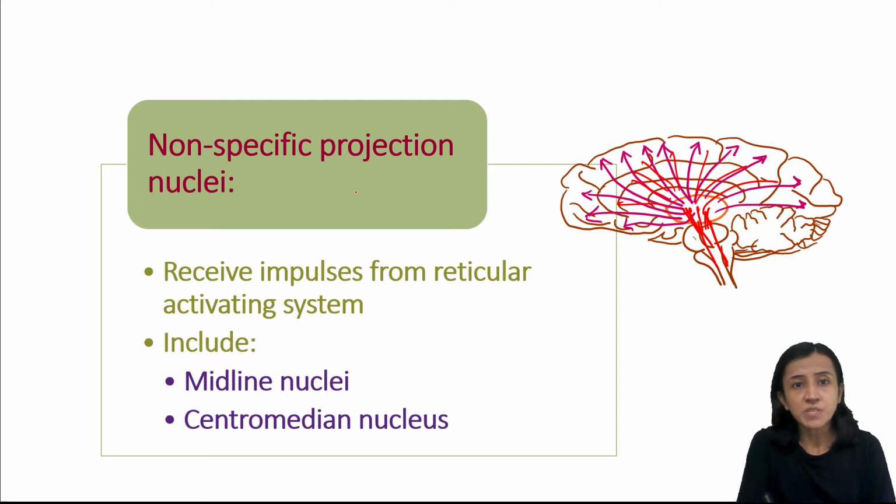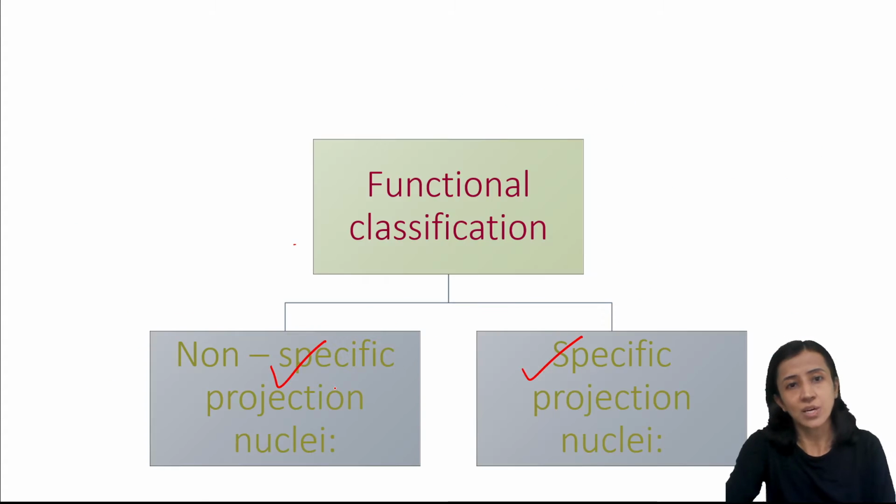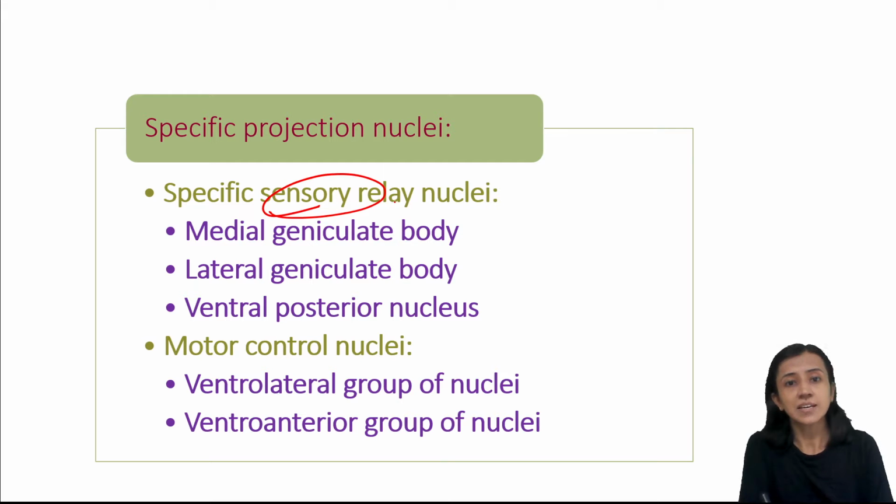These non-specific projection nuclei are the midline nucleus and centromedian. Anatomically, we have already discussed them in the medial group. Midline and centromedian, these two are non-specific projection nuclei. Then specific projection nuclei. Specific projection nuclei are specific sensory relay nuclei, meaning sensation is relayed through these nuclei to a particular area of the brain.